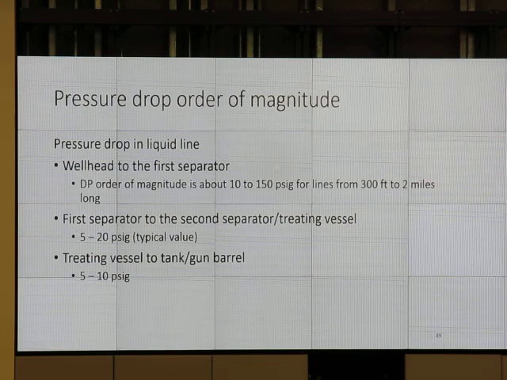From our separation going between a primary separator and a secondary separator, we're going to have 5 to 20 psi pressure drop across there just in the piping, getting from one vessel to the next. Treating vessel to a gun barrel, we're lowering down even more pressure. Again, all we're supplying pressure at these vessels is enough to push it to the next one.